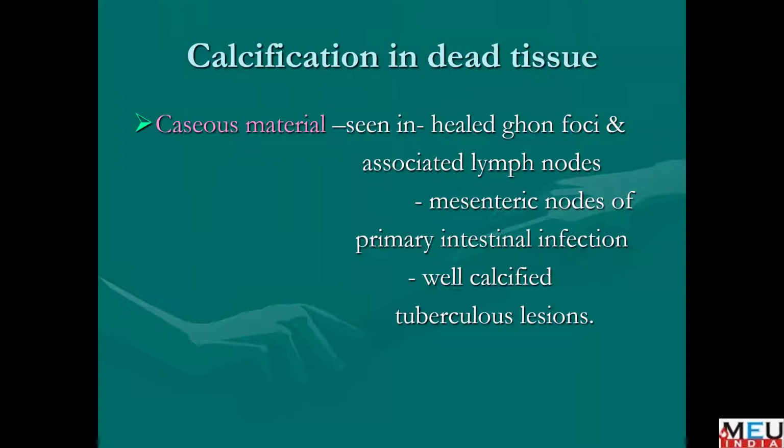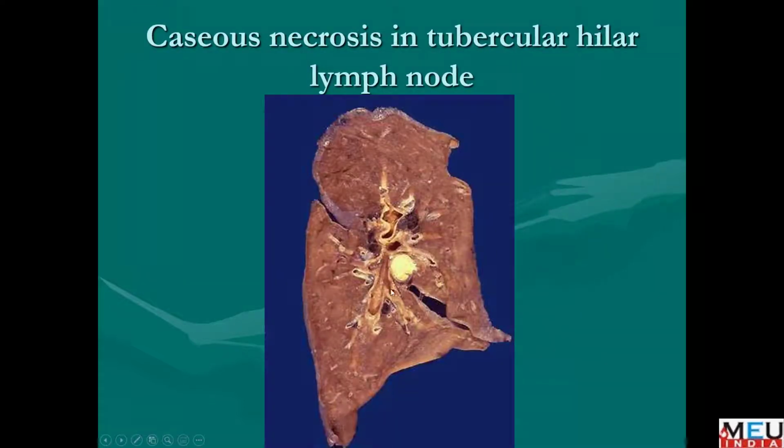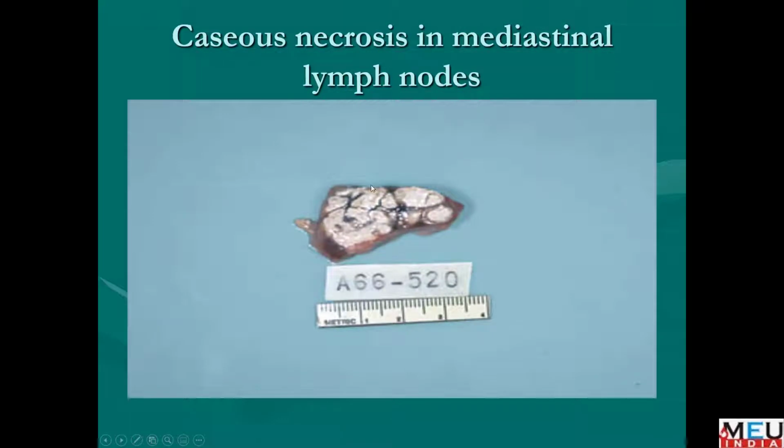In dead tissue, the examples are seen in Ghon's focus and associated lymph nodes, or mesenteric lymph nodes in primary intestinal infection, and well calcified tuberculous lesions. So, this is caseous necrosis in a lymph node, with calcification around it. Now, this is a mediastinal lymph node, in which we can see areas of calcification.